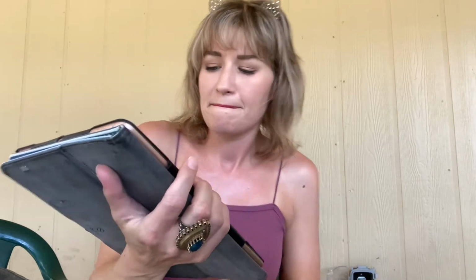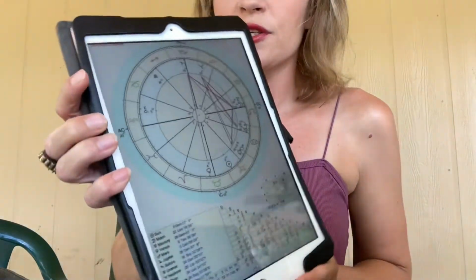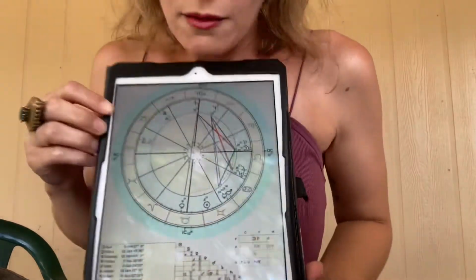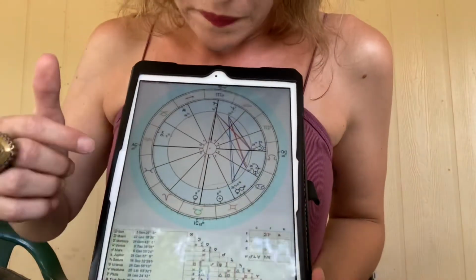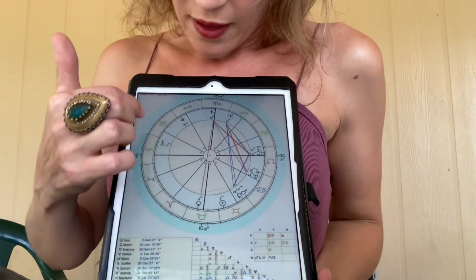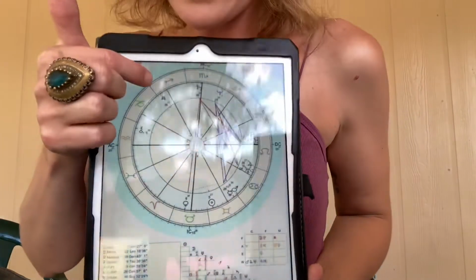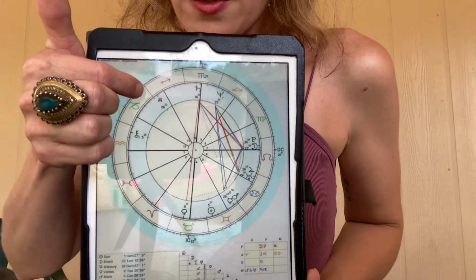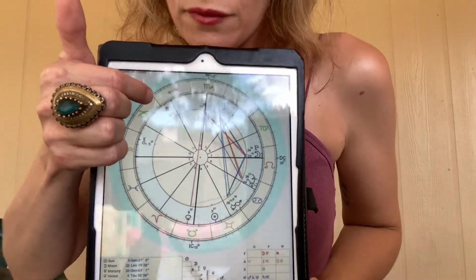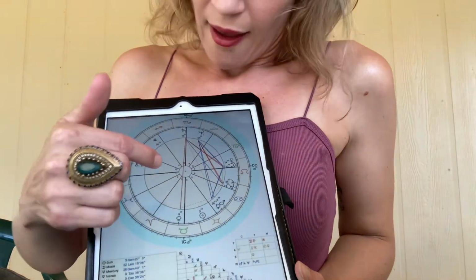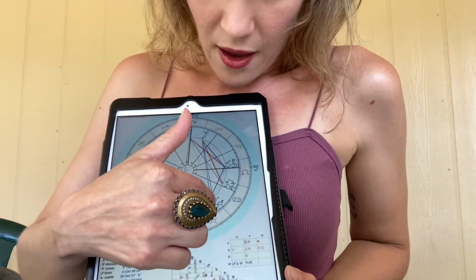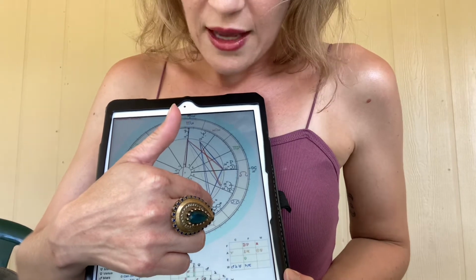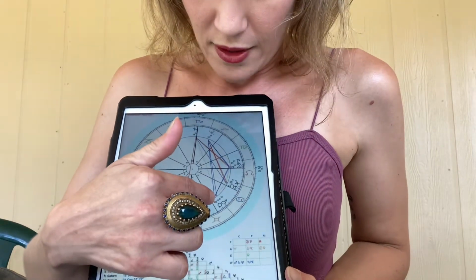Okay, so this person, the Galactic Center is not pulled on this chart, but they have the North Node conjunct the GC. They have the South Node, a Mercury Mars conjunct the anti-center down here in the 5th house.